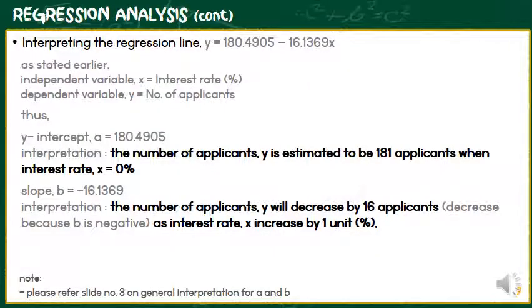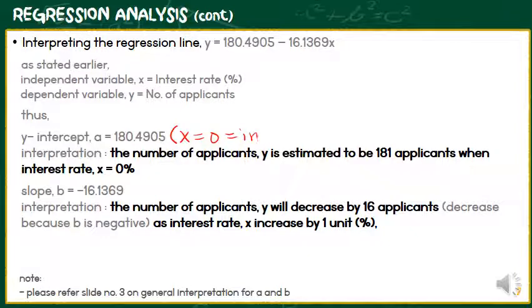So, kalaulah disuruh interpret, explain, awak dapat Y = 180.4905 tolak 16.1369. Awak punya Y-intercept adalah 180.4905. Macam mana nak interpret? Y-intercept ni adalah apabila X = 0. Apa X?